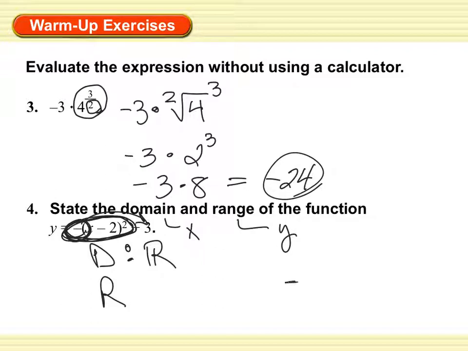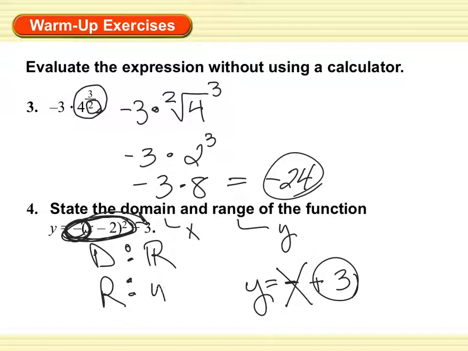So I'm going to have any negative number and add 3 to it. That means that the biggest y could ever be is if this was 0, and y has to be less than or equal to 3. You could always graph that and just see where it affects the y-axis, and that would work well.